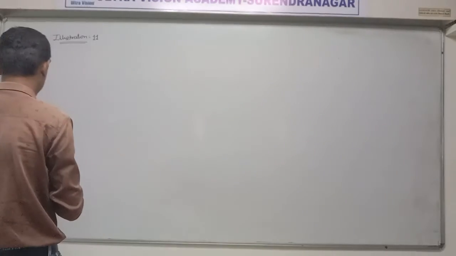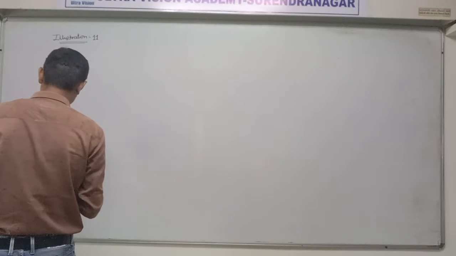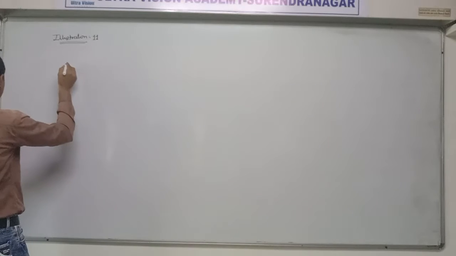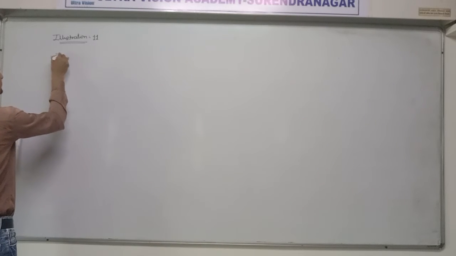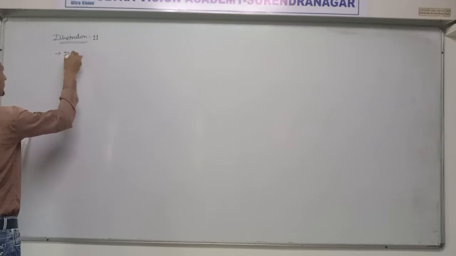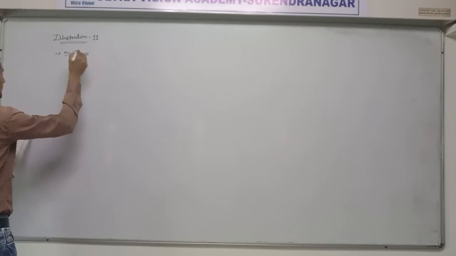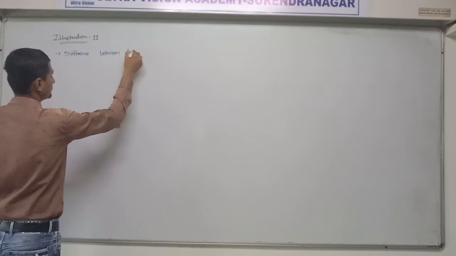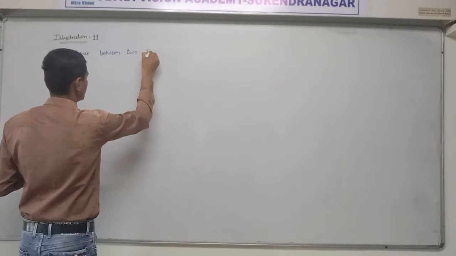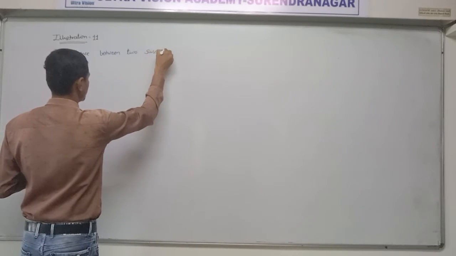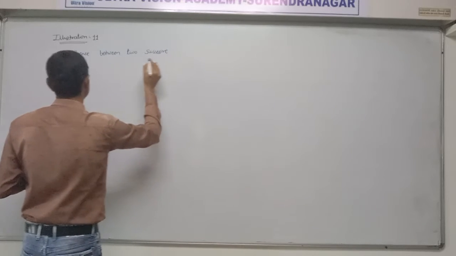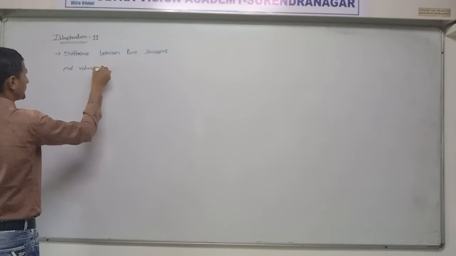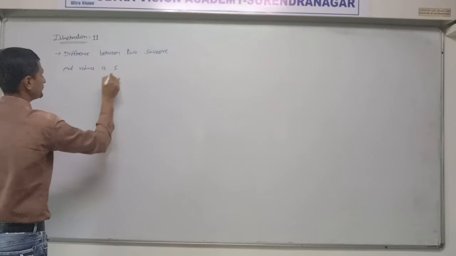So write down: the difference between two successive mid values is 5.